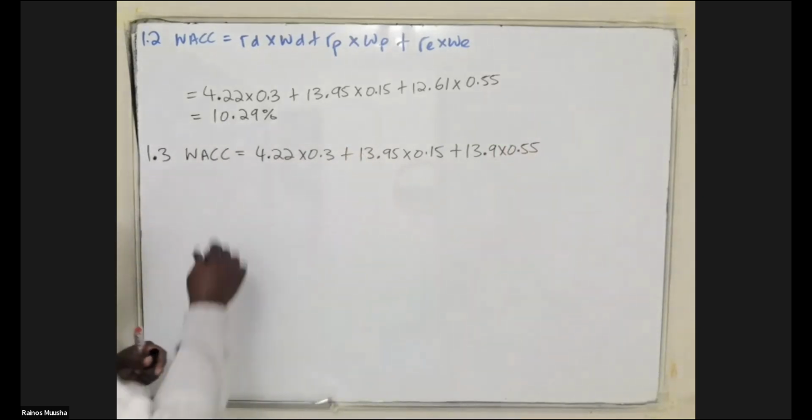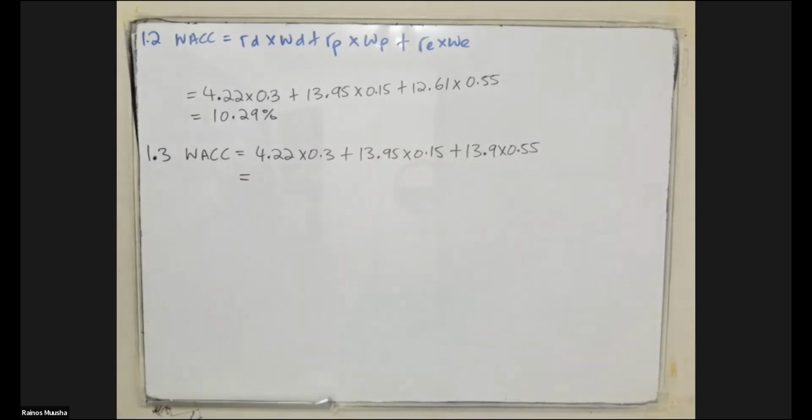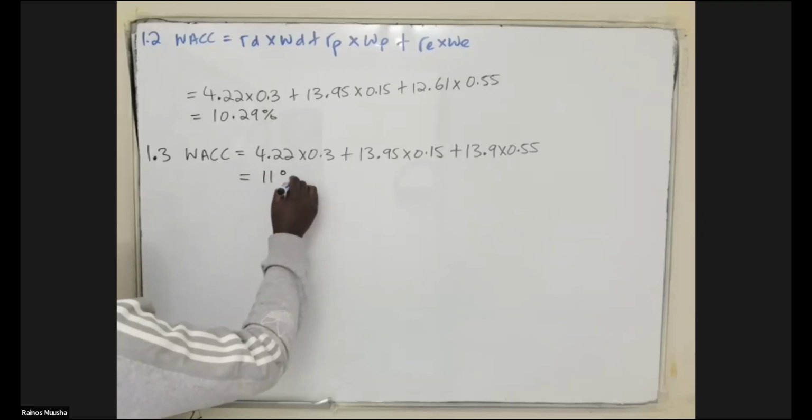So this will give us the weighted average cost of capital above the breakpoint of ordinary shares. I get 11%.